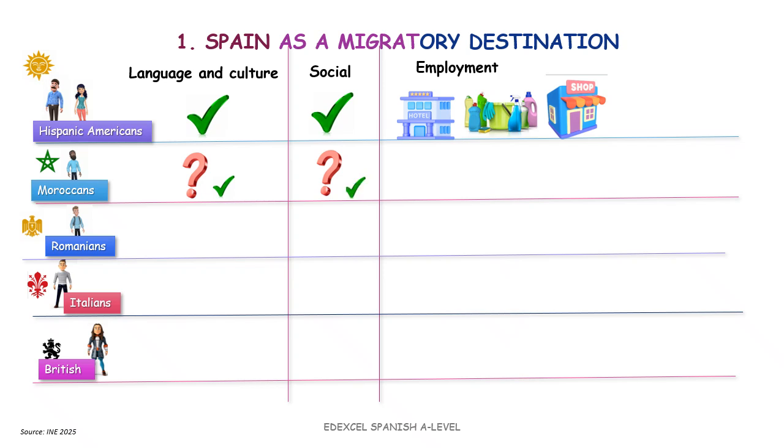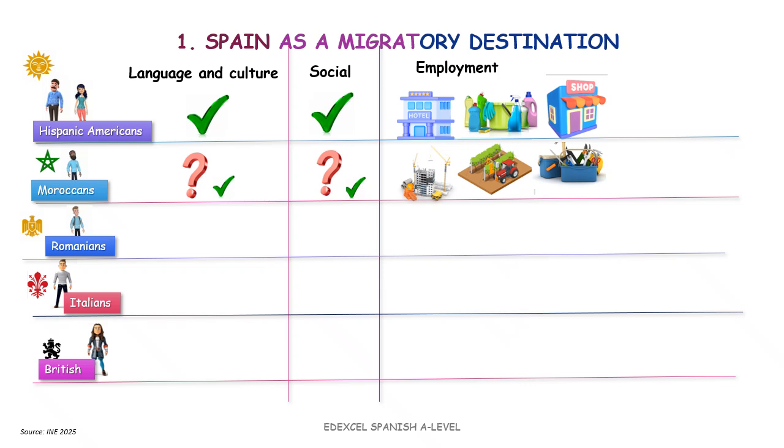However, the second generation usually adapts much better. One of the main challenges they face is discrimination and stereotypes, which can make integration more difficult. In terms of employment, many work in construction, agriculture, and services, although some experience job insecurity.